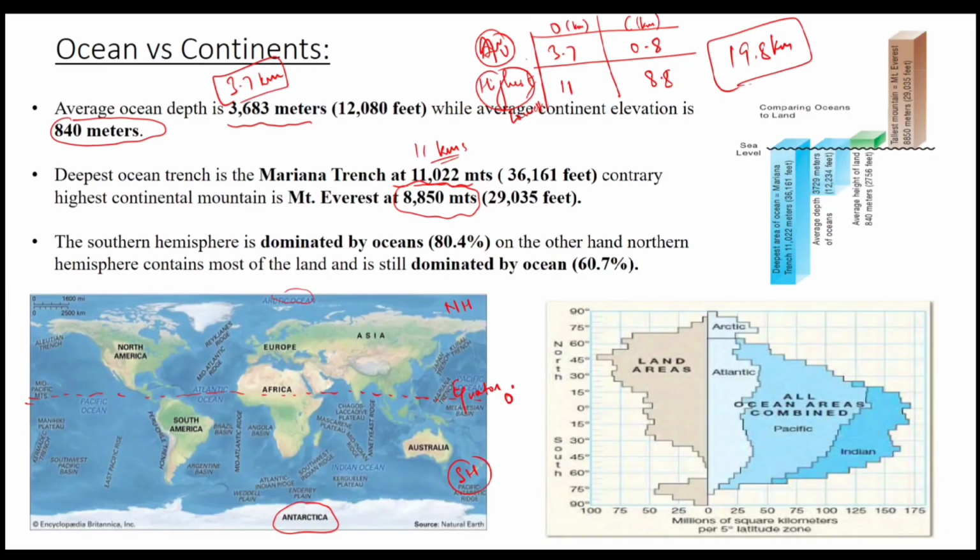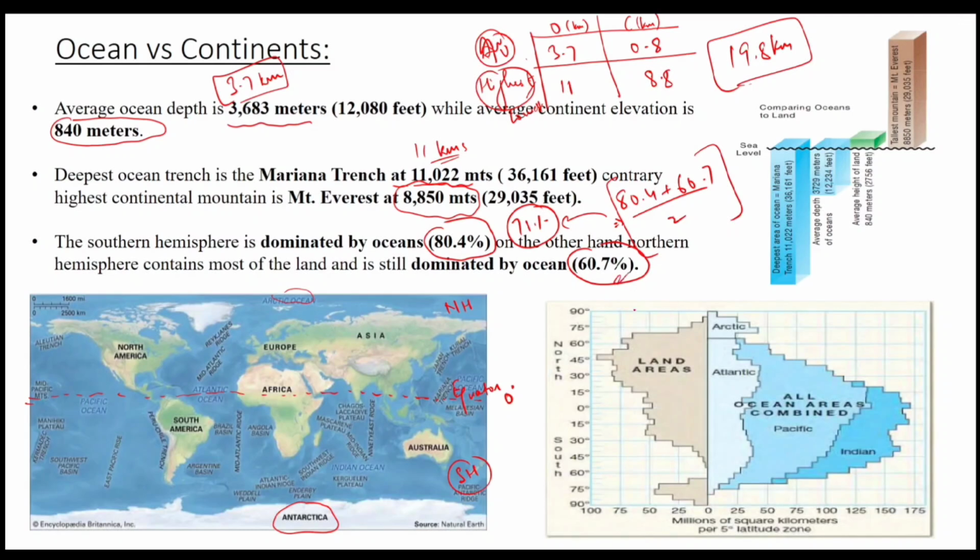The southern hemisphere is dominated by oceans, around 80%, and you see that the average is around 71%. On the other hand, the northern hemisphere is dominated by oceans around 60%. Just divide both of these by 2 and you will get nearly this average value.